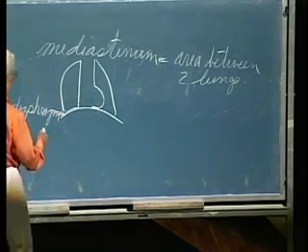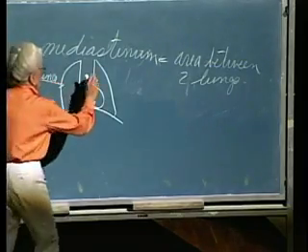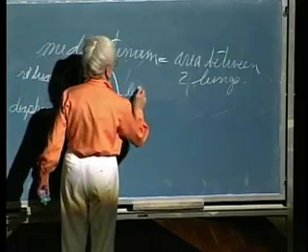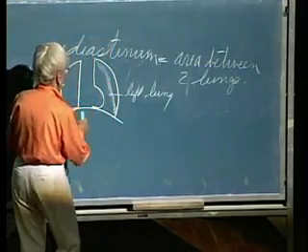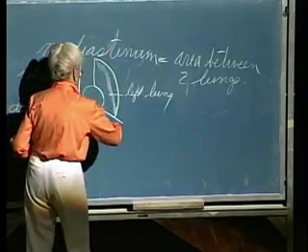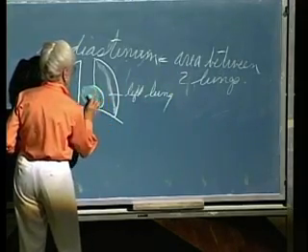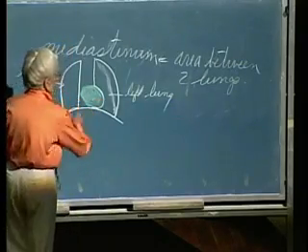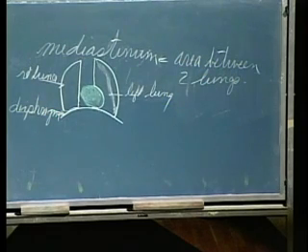It's not that much smaller. This is the right lung. Left lung. And we're going to put our heart in here. And as I said, the area between the two lungs is called the mediastinum. What other structures do we have in the mediastinum?